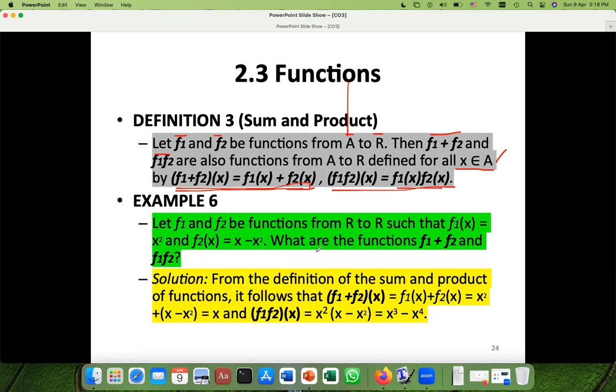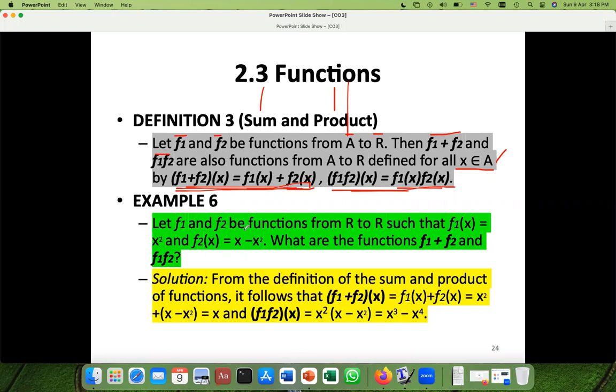Now you have the example, and then you will understand this definition. From this definition, you only have to keep these things in your mind, nothing else. You can leave the other things away. If you have these two formulas in your mind, then you can apply the operations of sum and product to two functions between any sets.